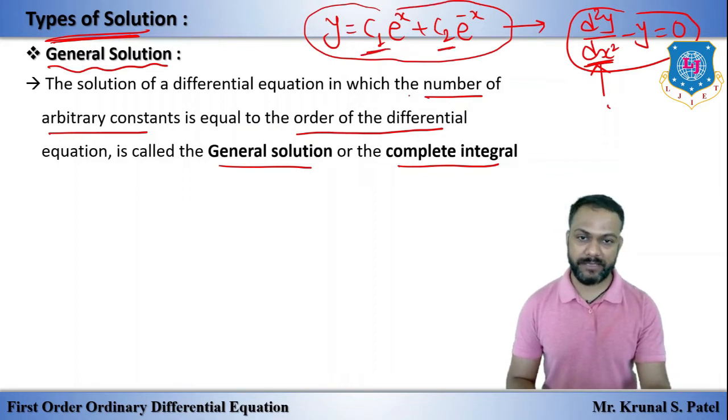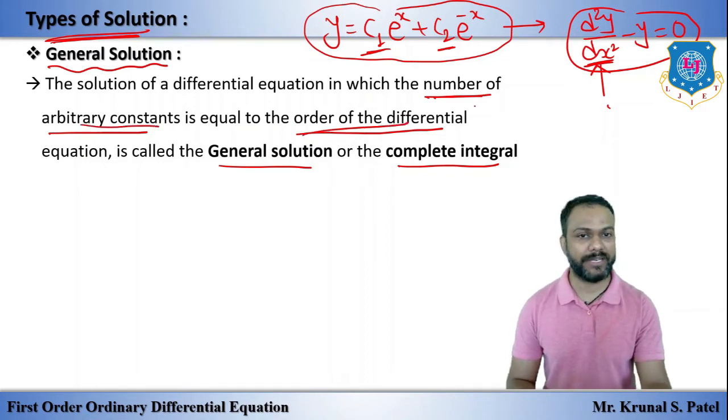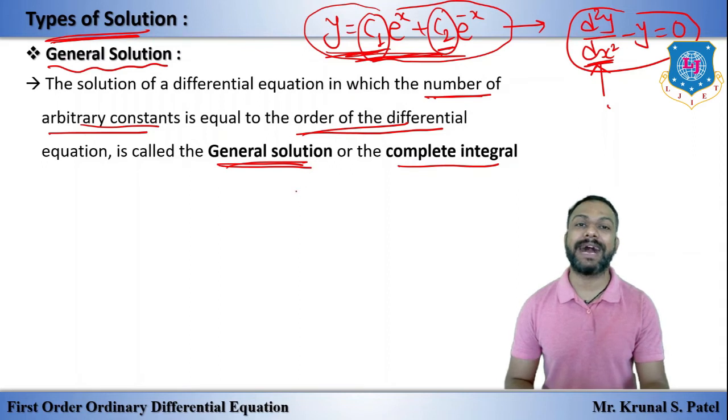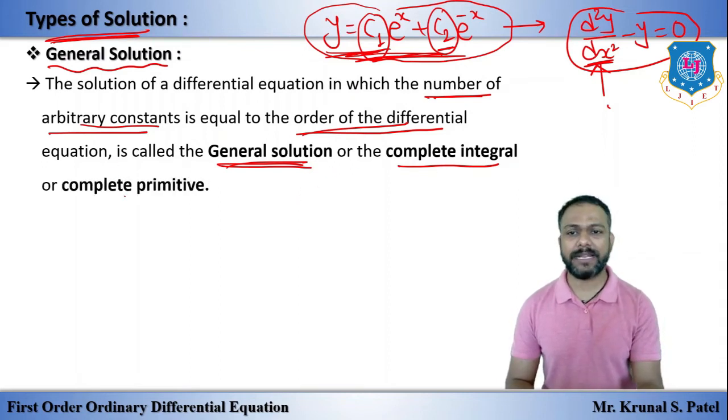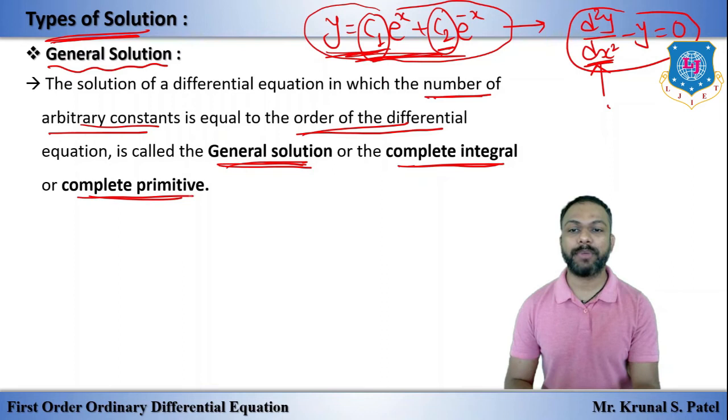Okay, so as per the definition, number of arbitrary constants is equal to the order of the differential equation, then this solution is called general solution. Okay, where C1 and C2 are our arbitrary constants. This general solution is also known as complete integral or complete primitive.